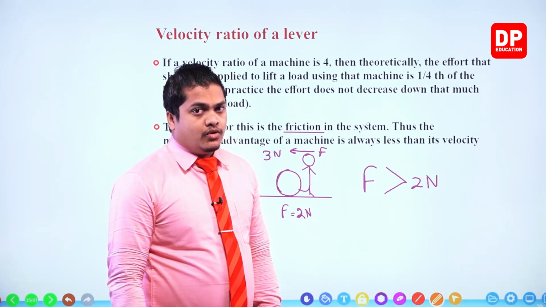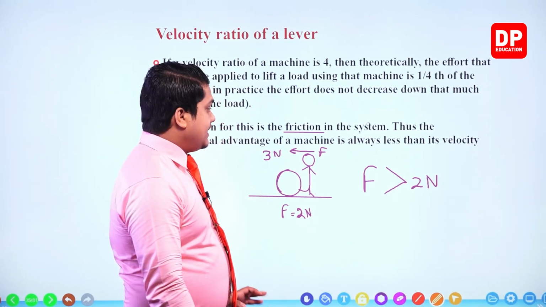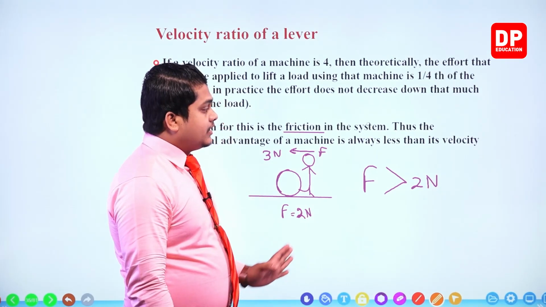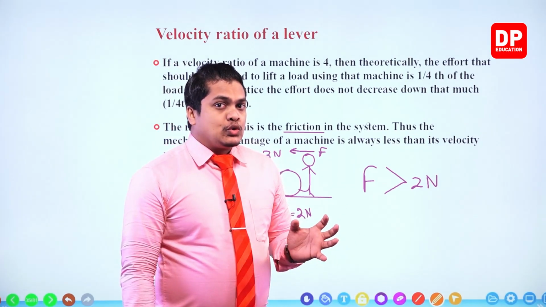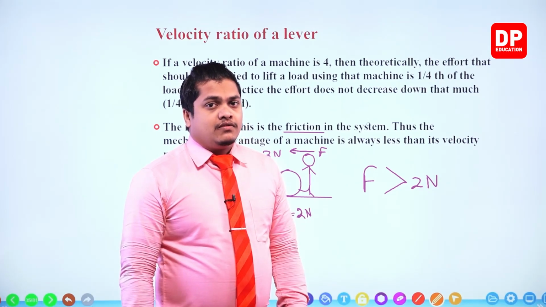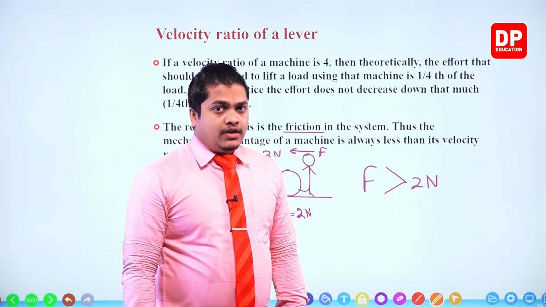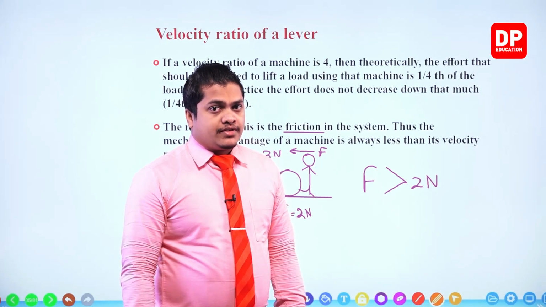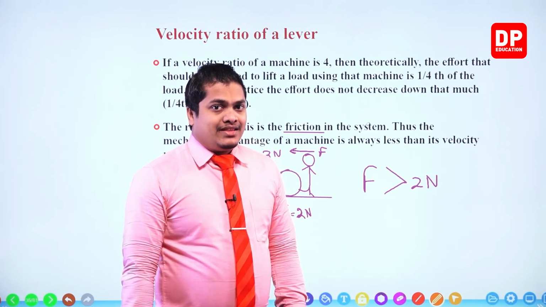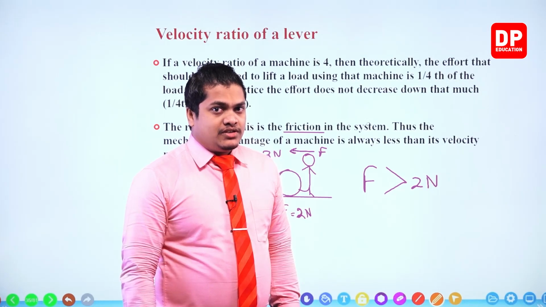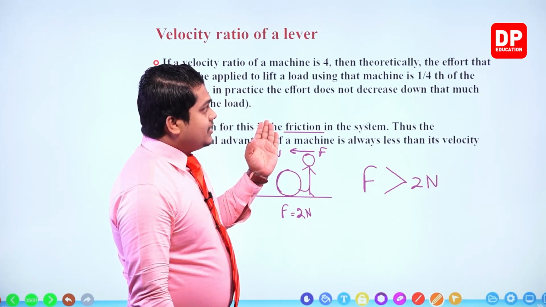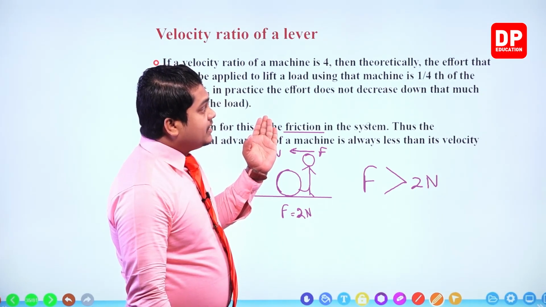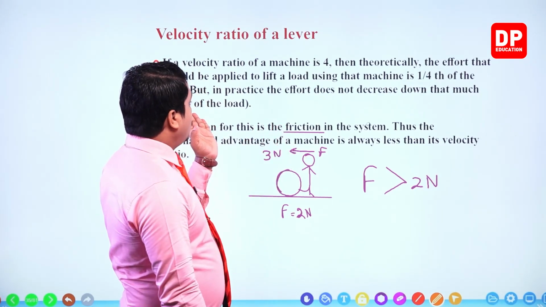So therefore, within a lever also, frictional force can be observed at the point of the fulcrum. So therefore, my dear children, theoretically, if the velocity ratio is 4, then theoretically the machine can be given 1/4 of the load.